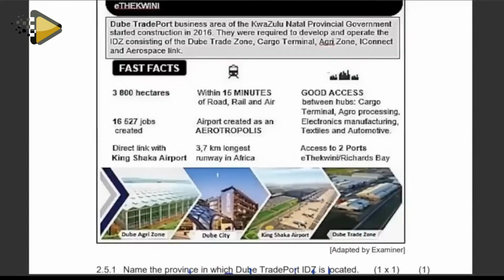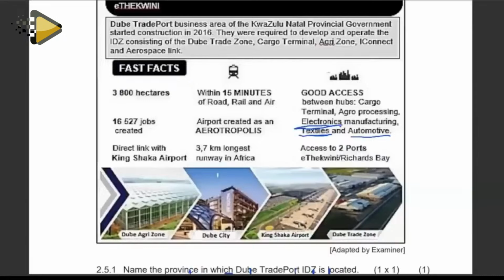It talks about access to two ports, eThekwini and Durban. Right, if we check here, we find the industries that are found in that zone. The automotive, meaning the manufacturers of motor vehicles, they are part of the industries found there. And also if you check the textiles, the manufacturers of cloth, they are also found there. And also electronics, we also find them there.